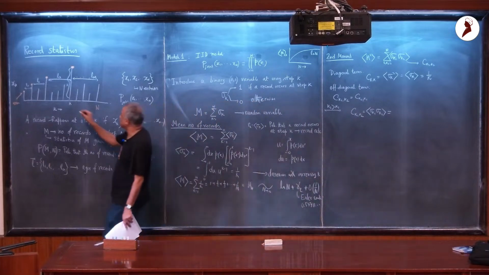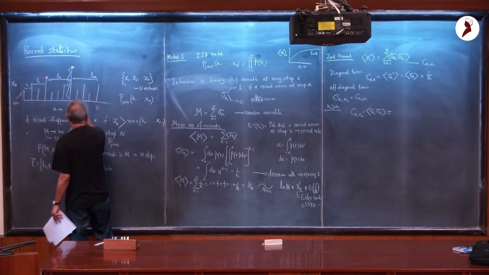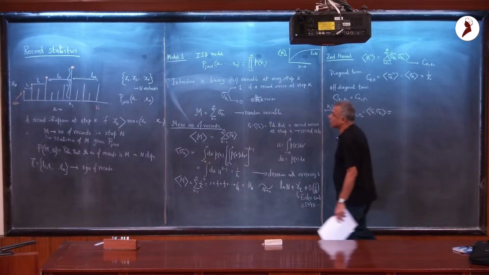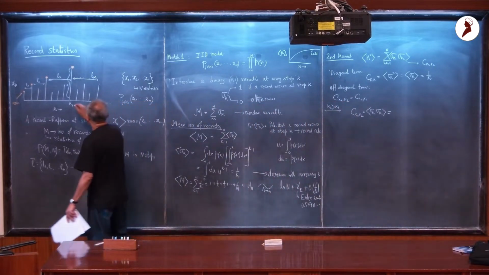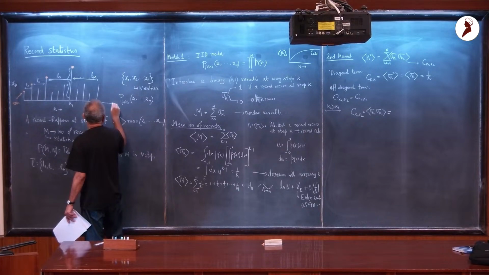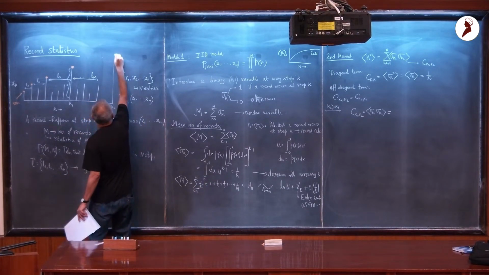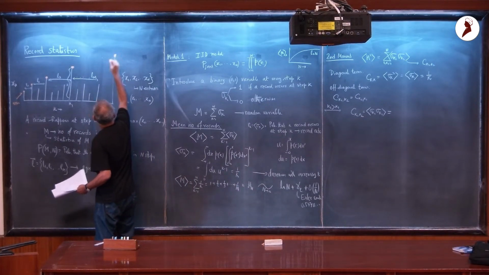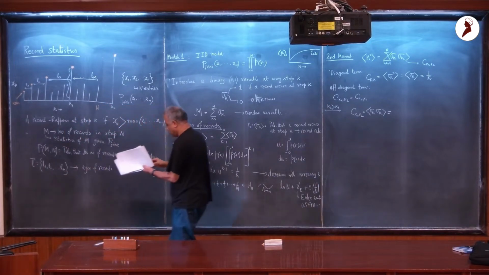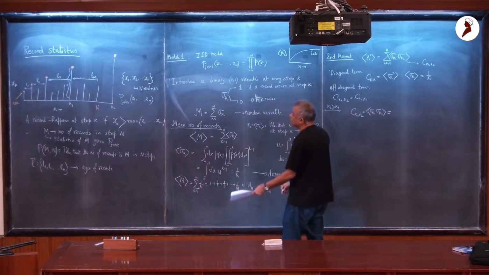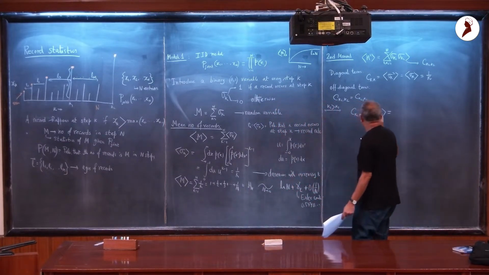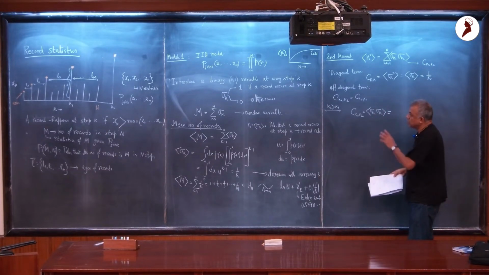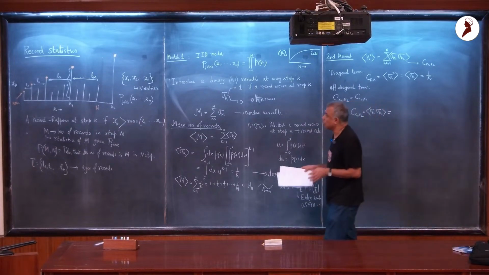Exactly the same way. So suppose this is k1, and this is the probability that a record occurs at step k1 and another record occurs at step k2. So I look at k1 and I look at some other later point k2. I want both to be records. I don't care what happened in between, but these two endpoints, k1 and k2, should be records, because this will be 1 if both sigmas are 1, and 0 if any one of them is 0. So this is therefore the probability that both k1 and k2 are records.